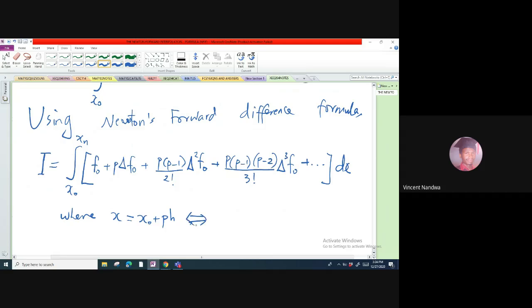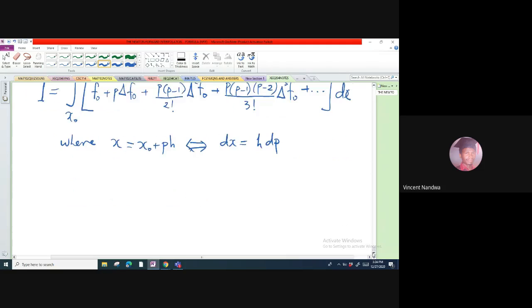So this means that dx is the same as h dp. Remember, f of x is what is in the square bracket, just from definition.